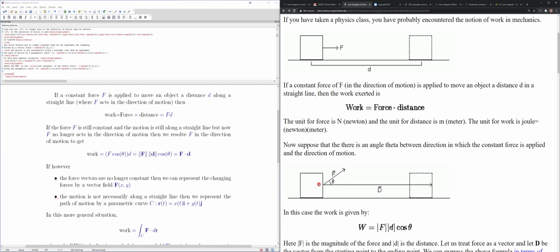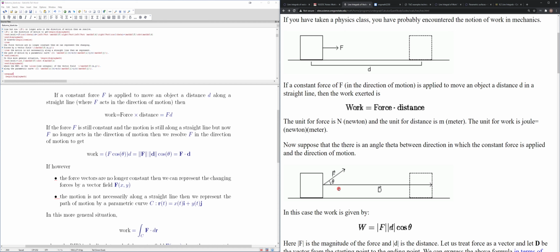And how are you going to get your work done in this case? It's fairly simple. What you're going to do is resolve the force. Now you're starting to think of this force as a vector, and you're going to resolve the force vector to get the component in the direction of the motion. If you're just working with magnitudes, and the magnitude of this vector is this F, when you resolve, you're going to get F cos theta.